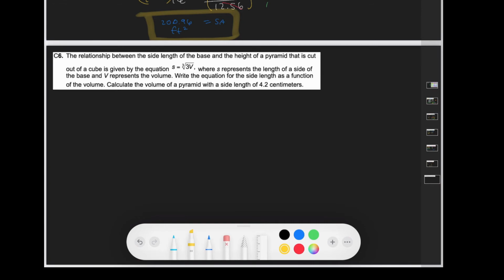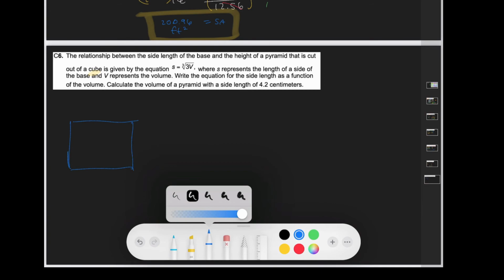All right, C6, the relationship between the side length of the base and the height of a pyramid that is cut out of a cube is given by the equation S equals cube root of 3V. Okay, so you got a cube. I'm just going to draw it because I like drawing. Cube.